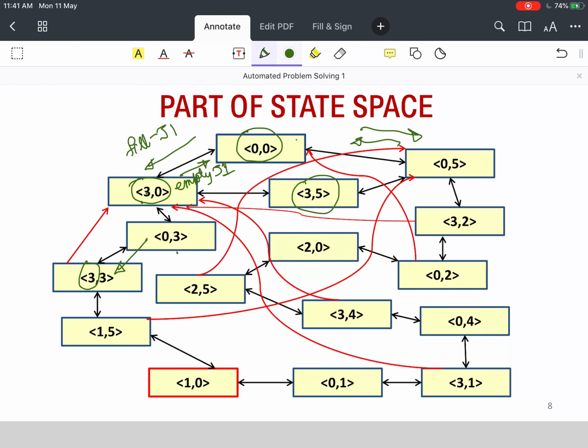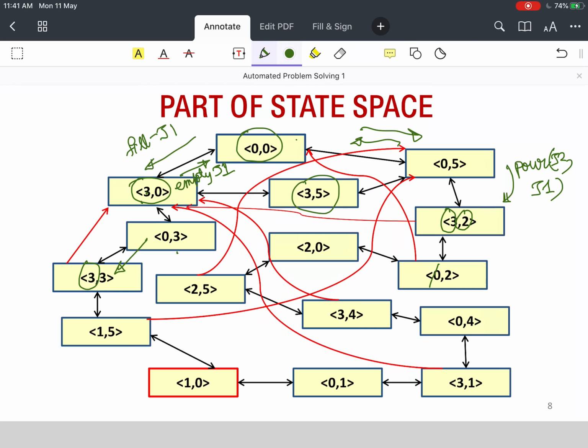For example, from 0, 5, this one is a pour from J2 to J1, which means J2 cannot be filled up by more than 3. So this fills up J1 by 3 and this remains 2. Then from here, you can pour out all the water.